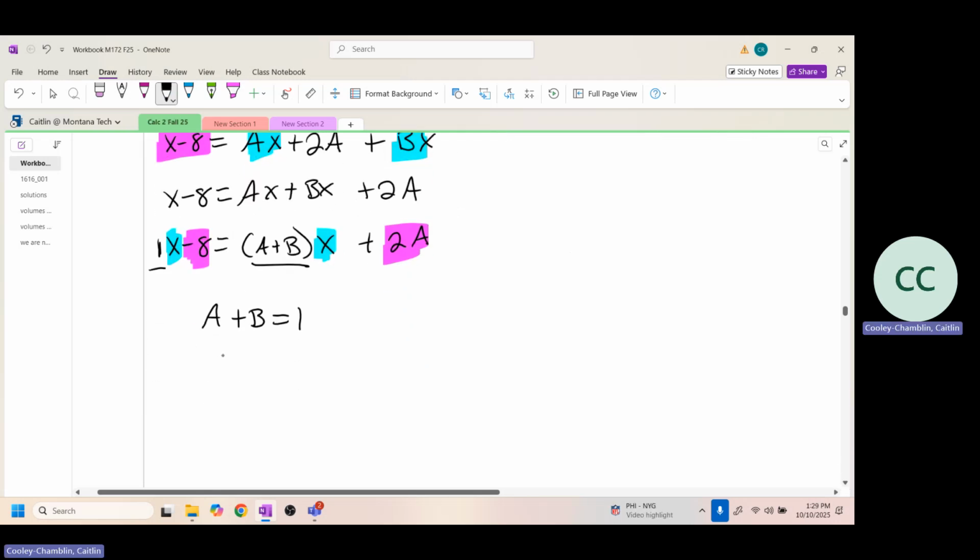So I get 2a equals negative 8. So what I did was I got a system of equations from setting up my equations so that they look the same on each side. So this is my system of equations that I need to solve.